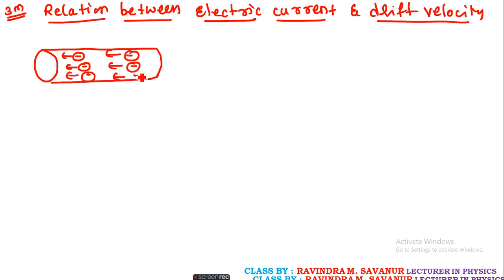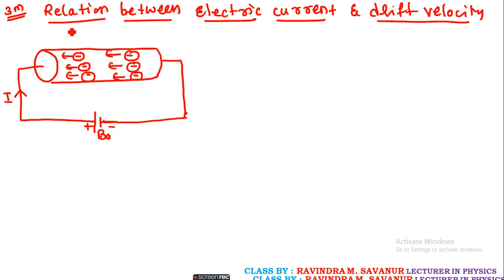Why? Because you applied current externally. This is a battery which is connected to it. So this is the direction of the current, and this is the battery.